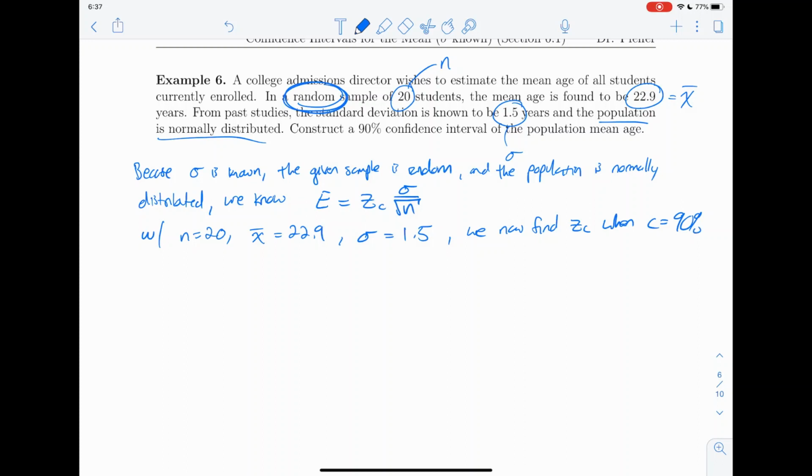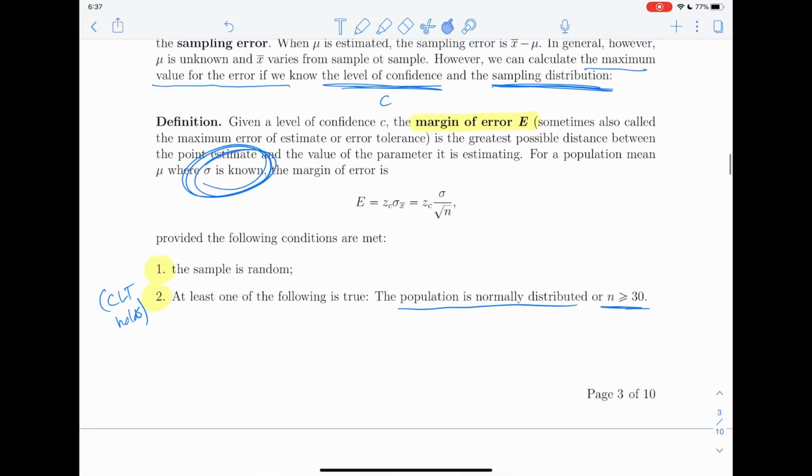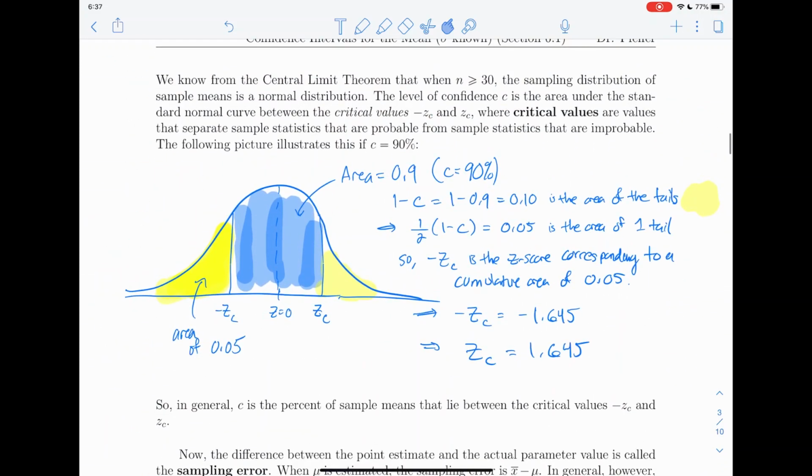Of interest, however, is that z sub c is only actually dependent on the c. So if you take a look at a previous example we did back on page 3, this entire introduction was exactly, given a c value of 90%, finding those z sub c's.